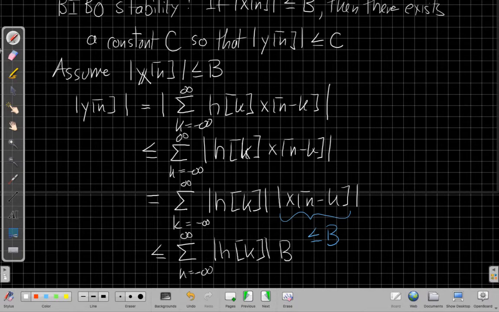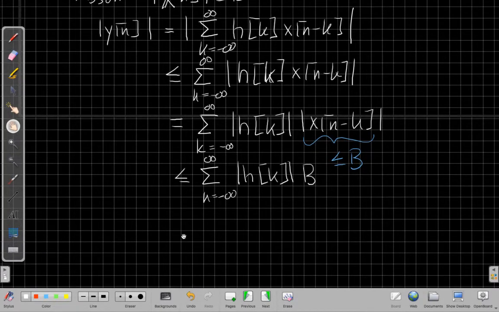And I can factor that b out front now, because it doesn't depend on k anymore. So this is now equal to b times the sum as k goes from minus infinity to plus infinity of the magnitude of h of k.